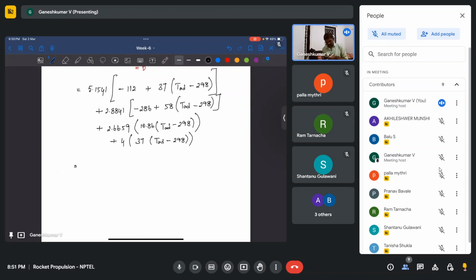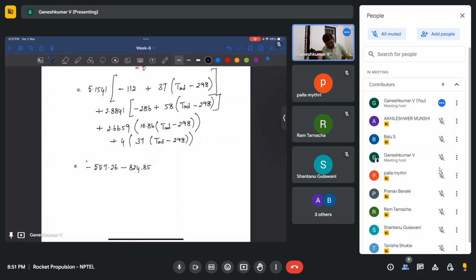So 5.1541 into 112, this is going to be minus 557.26, plus 286 into 2.8841, so minus 824.85, and that's it.